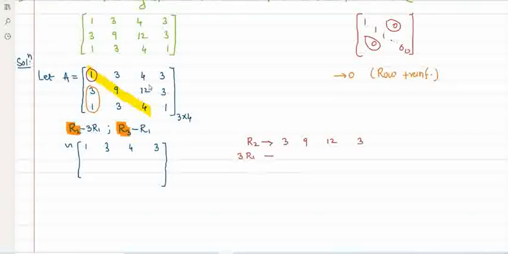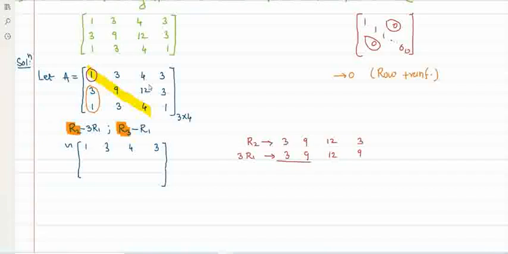What are the resultant elements? 3 ones are 3, 3 threes are 9, 3 fours are 12. You are multiplying by 3. What is the last element? Quickly. 9. Okay.